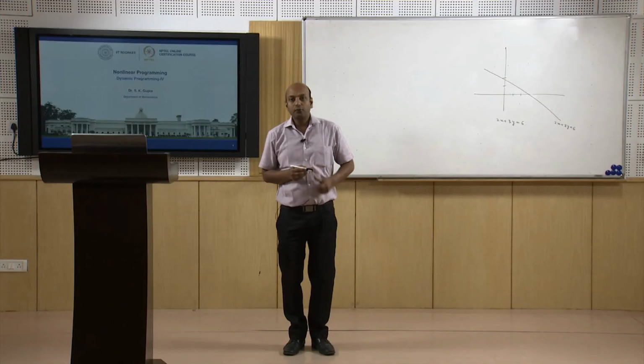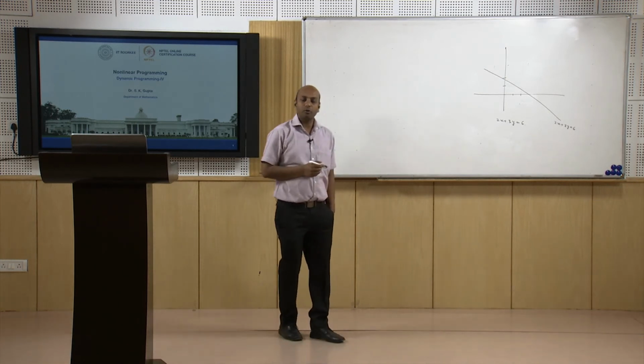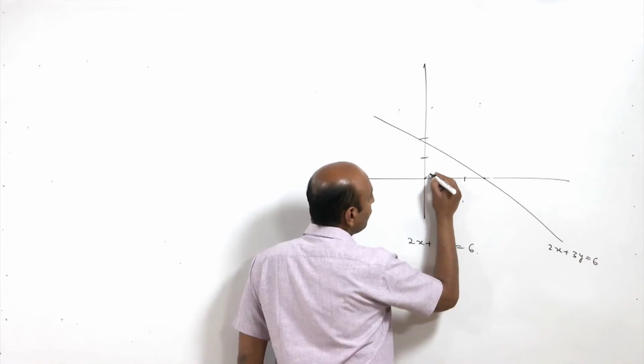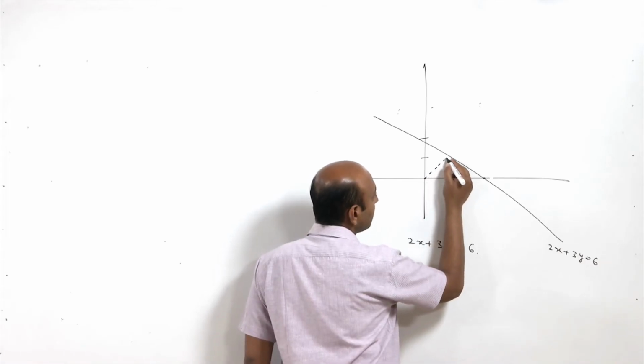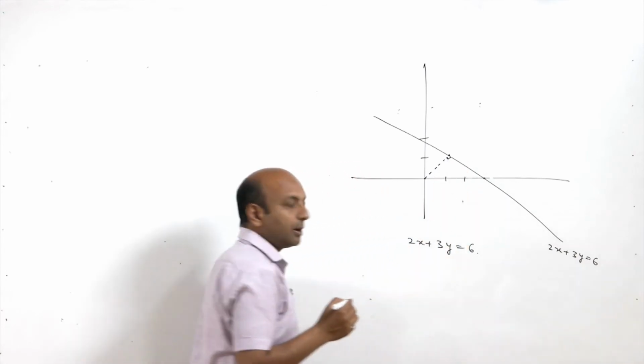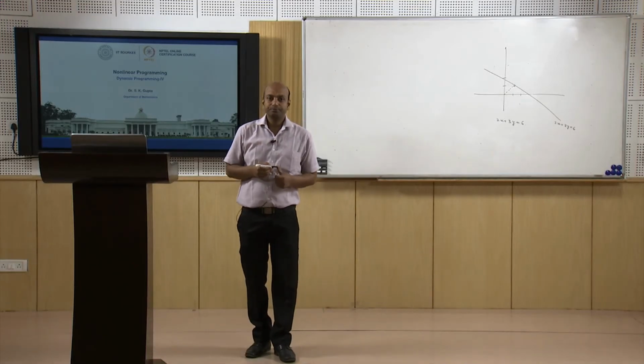Of course, that point will be the foot of the perpendicular from the origin. If you draw the foot of the perpendicular from the origin on this line, this foot of the perpendicular will be the point on this line at the shortest distance from the origin.